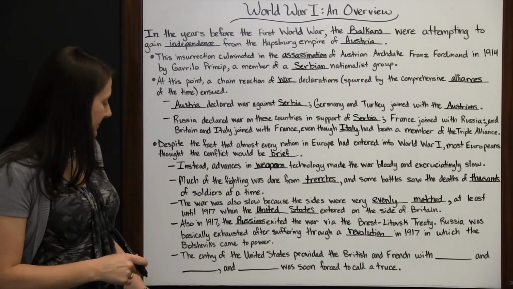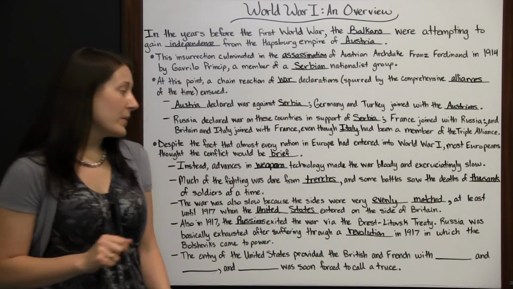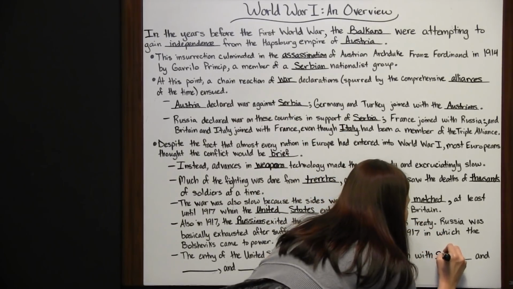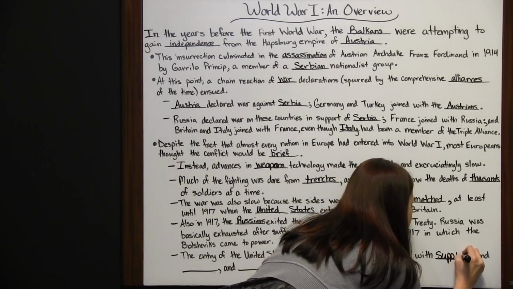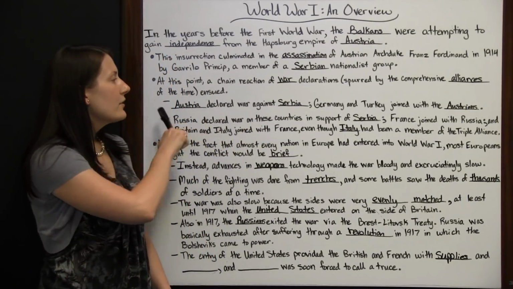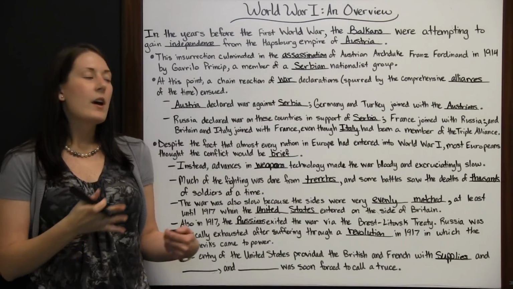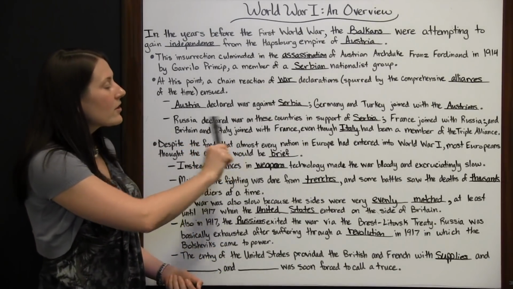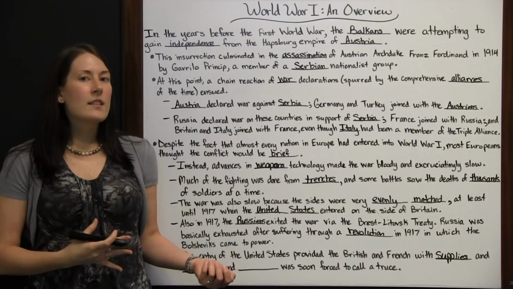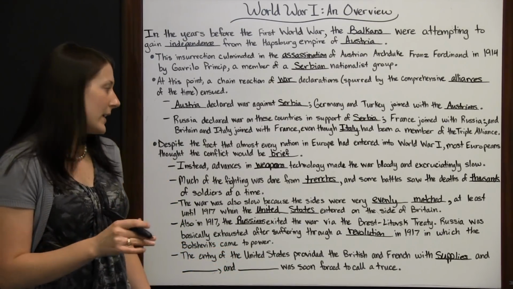of World War I. And the entry of the United States provided the British and French with supplies. So where things may have been running low, where some of these other countries, Germany, Turkey, Austria, may have blocked off supply lines to the countries on Serbia's side, now the United States was bringing in fresh supplies for Britain and France.